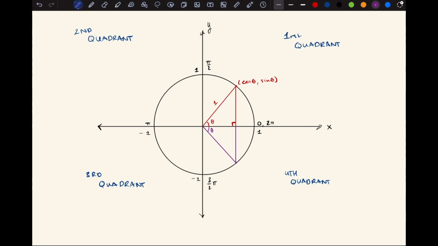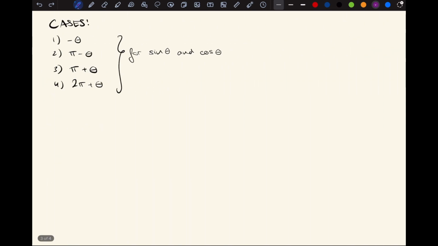Well, we're going to have the exact same right triangle, but if we look at our axes, we're going to realize that we're going to have the same cosine value for theta, but our sine value is going to be negative because we're going into the 4th quadrant right here, and our y value is negative, which equals our sine value, which is then also negative, as we see right here. So in our case here, we can say that sine of negative theta is equal to negative sine of theta.